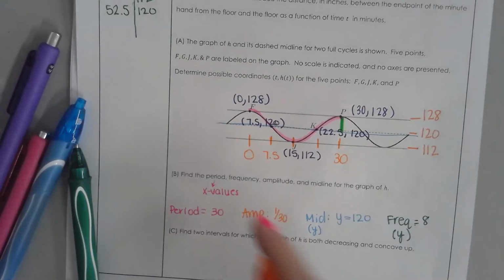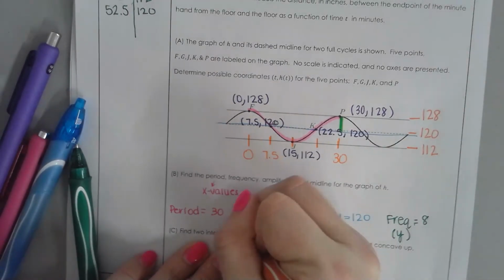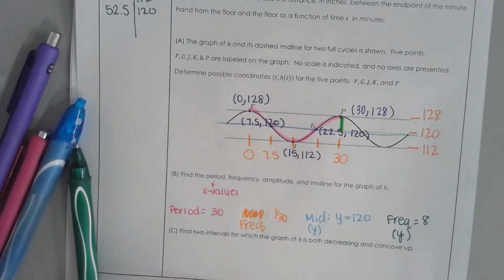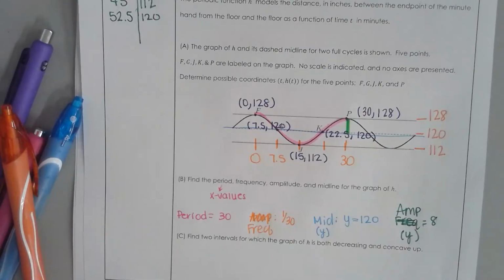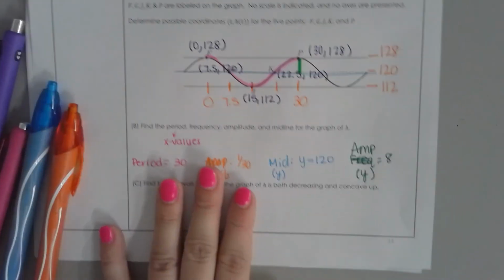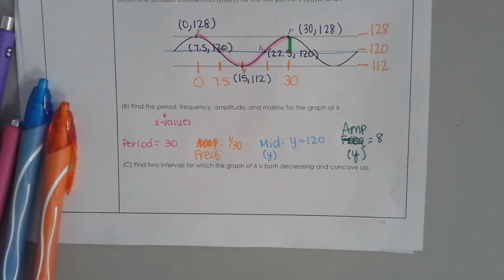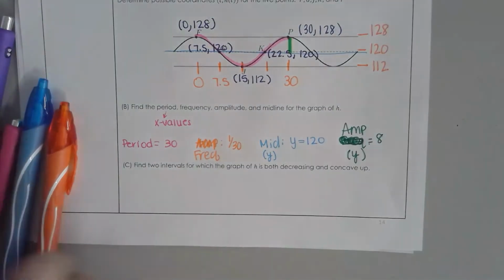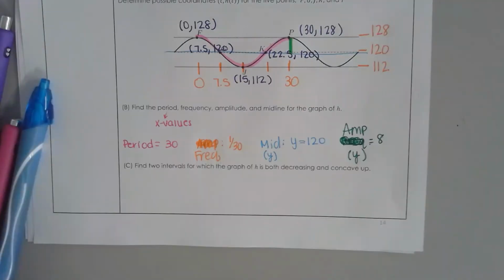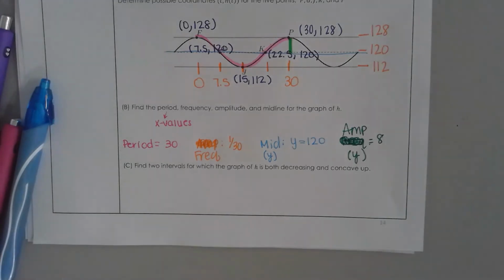That's your amplitude, that's your frequency. Sorry. I've got to get used to these. I had to go back and reteach myself this. I haven't seen this probably since I was in high school. So you'll have to watch out because I'll probably do that a lot. Your period and frequency go together. Your midline and amplitude kind of go together.